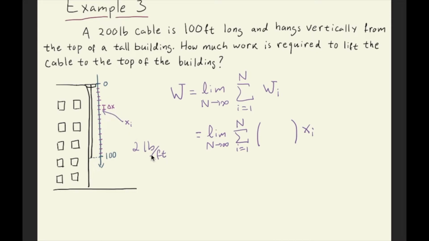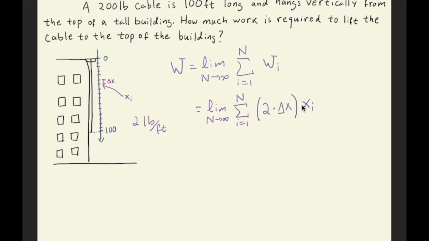So the force of gravity will be negative 2 delta x on this interval, but we're going to beat it, right? So we use negative gravity, which is 2 delta x positive, right? And this turns into an integral. This is a Riemann sum. If you look at it again, this is the integral. The x_i's will run from 0 to 100.